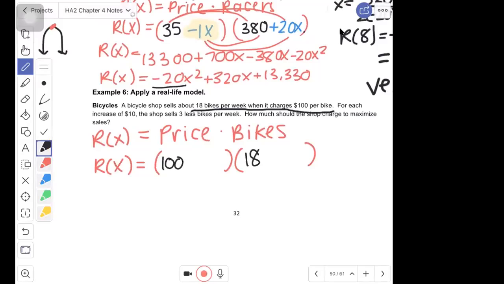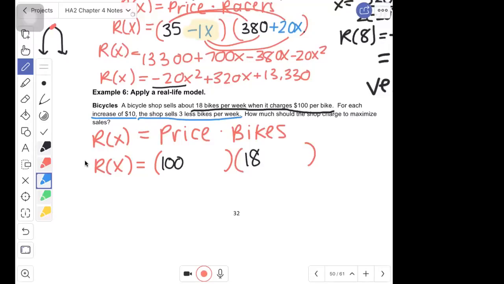So we're taking what's already happening, what we're already selling, and how many are being purchased, putting those into each price or the bikes, just like how we did last time. But then they're saying if we increase the price by $10, then we're going to sell 3 less bikes per week.